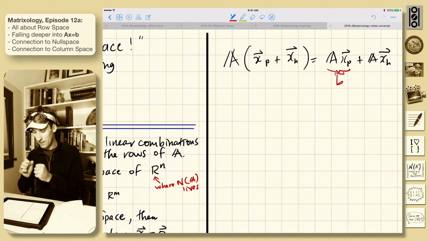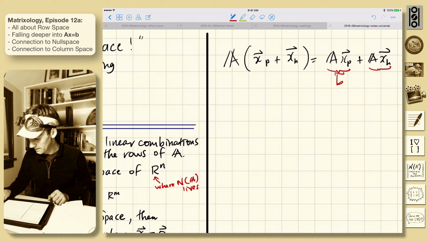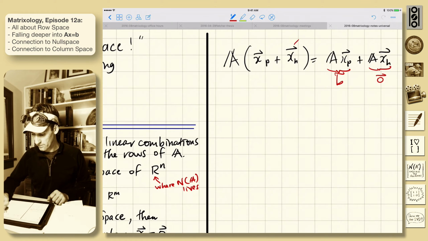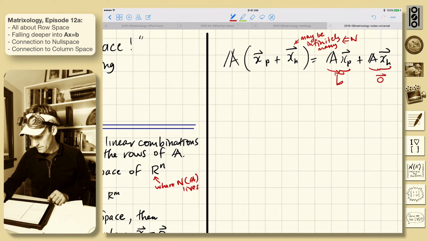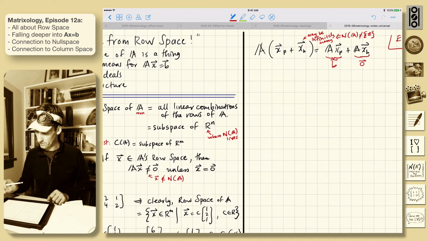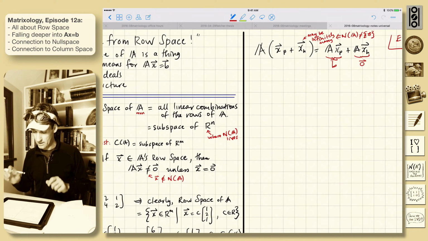That's the thing that actually gives us the solution, and this is 0. There could be many possibilities, maybe infinitely many. And that is the case where the null space of A is not equal to just 0. Hope that's okay to stick in there.